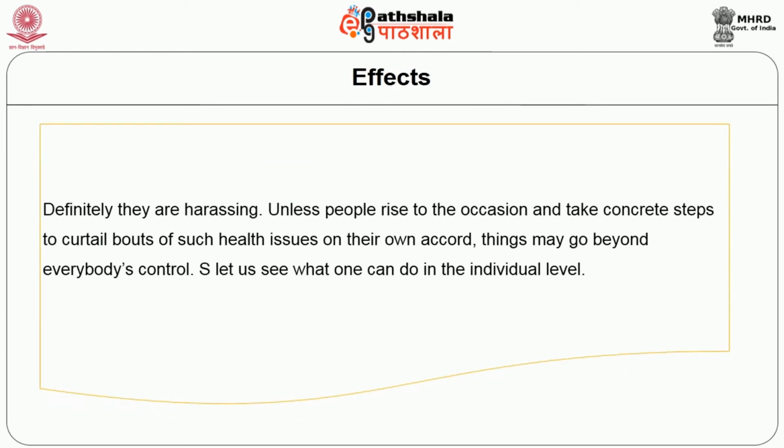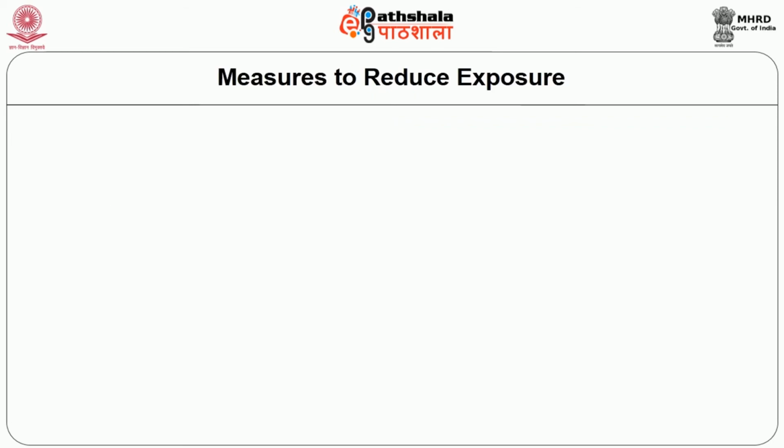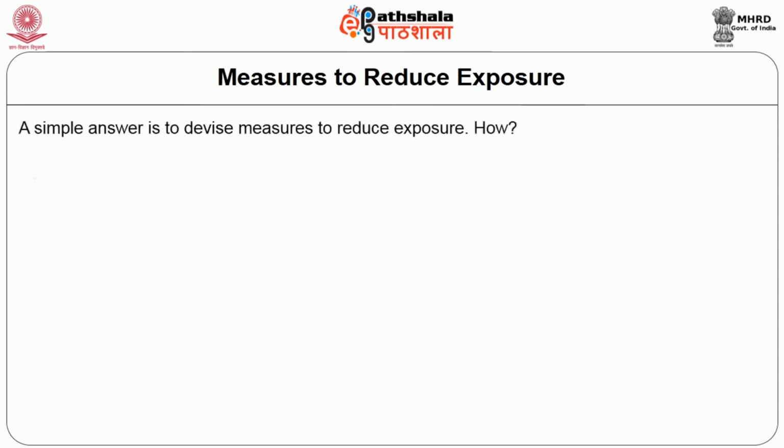Unless people rise to the occasion and take concrete steps to curtail bouts of such health issues on their own accord, things may go beyond everybody's control. So let us see what one can do at the individual level. A simple answer is to devise measures to reduce exposure. How?